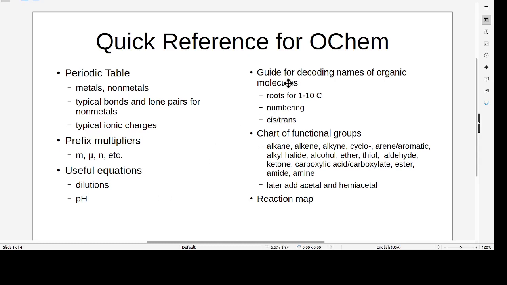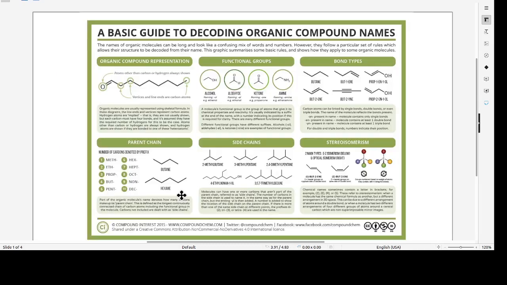Then there's some things unique to this class that are going to require extra pages, but you'll be happy you did it. I've printed some out. There's this basic guide to decoding organic compound names.